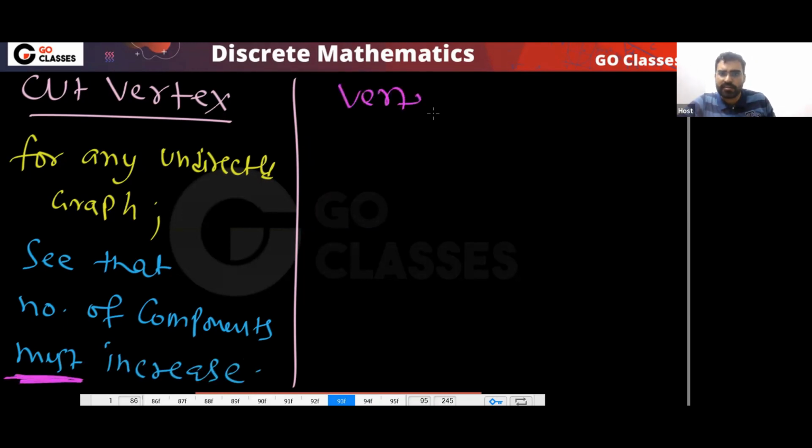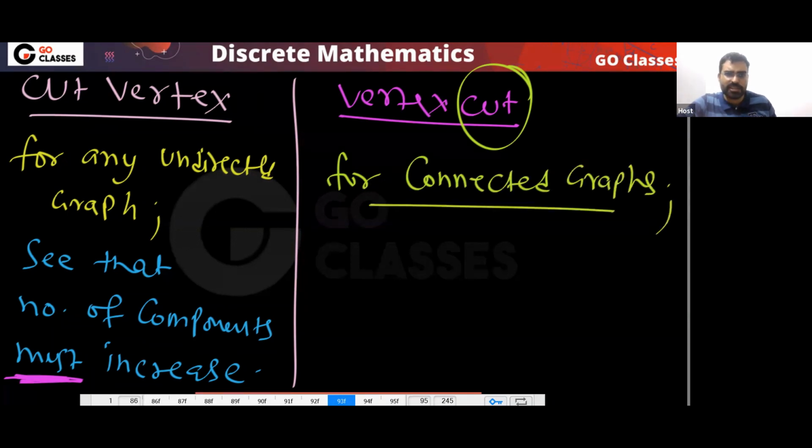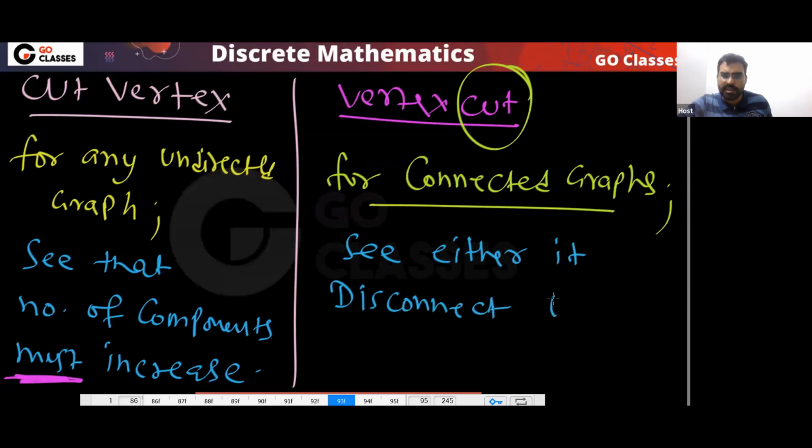And what is a vertex cut? Here the focus is on cut. This is only for connected graphs, and the definition is: either it disconnects the graph or it leaves a single vertex.